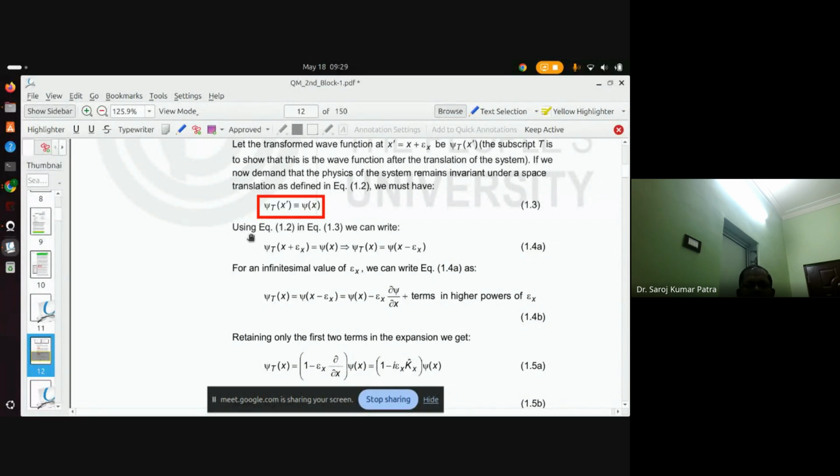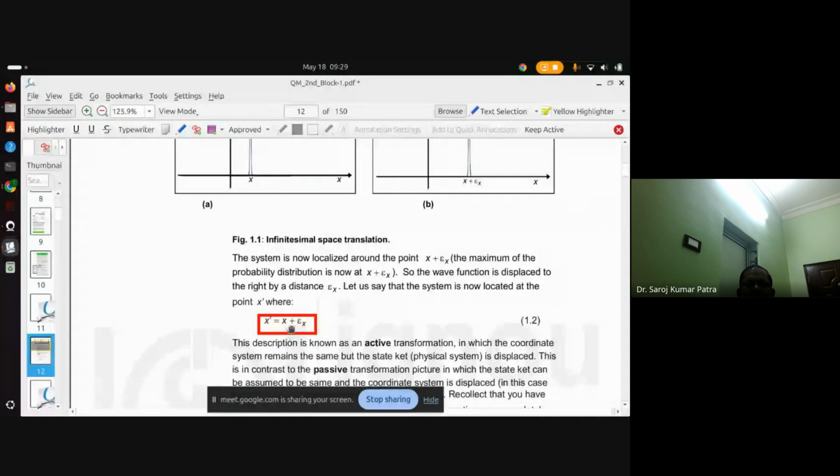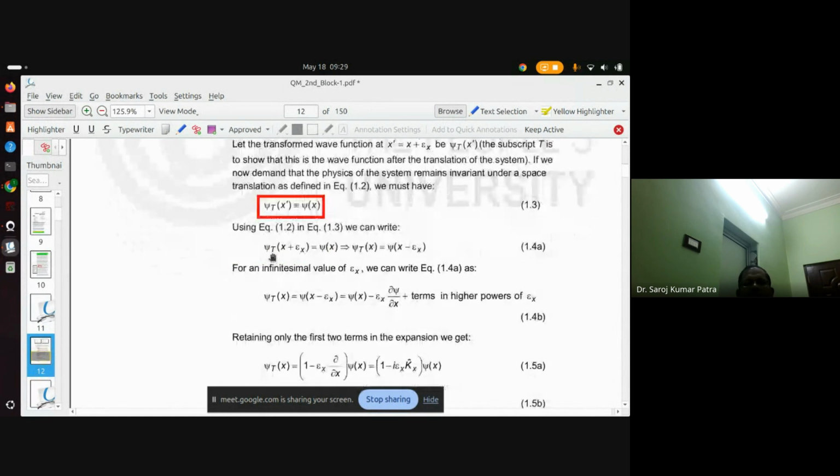Now, using equation 1.2 and 1.3, so 1.2 is this one, x prime is equal to x plus epsilon x. 1.3 is this one, psi t x prime is equal to psi x because of the symmetry. Then psi t x plus epsilon x must be equal to psi x. So if we have x plus epsilon x here, we will have x here.